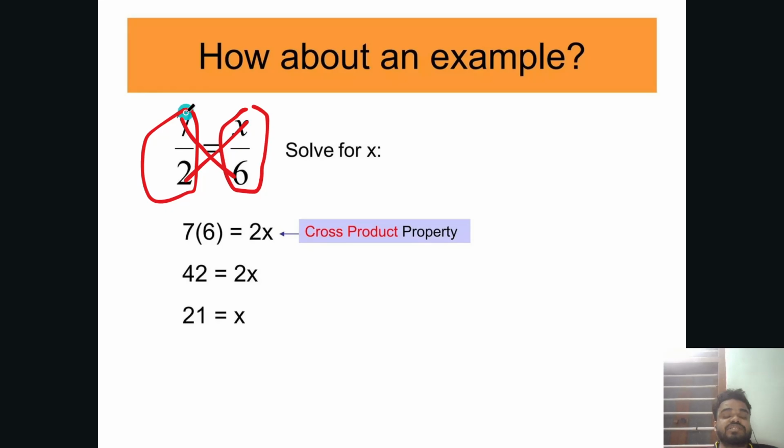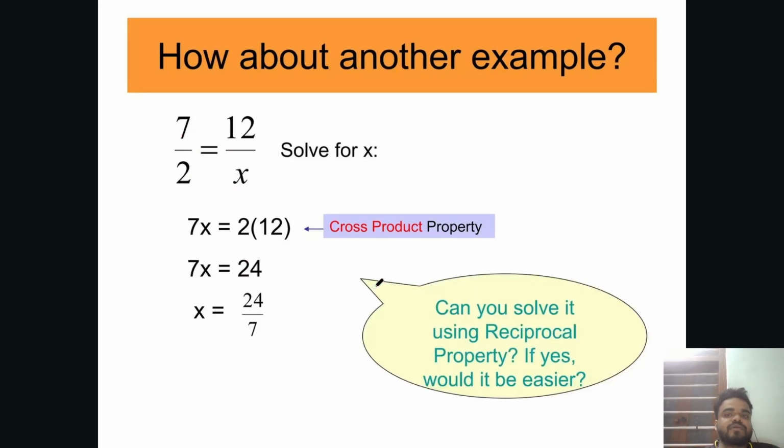That means 7 into 6 is equal to 2 into x. What is 7 into 6? It is 42. What is 2 into x? It is 2x. So 2 twenty-ones are 42. So here the unknown value is 21. Got it? Next.